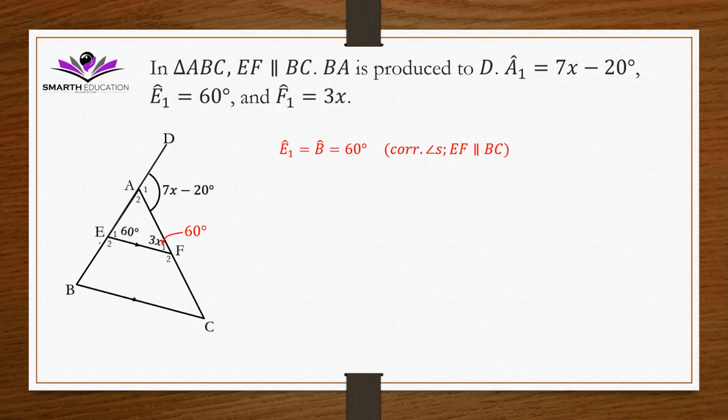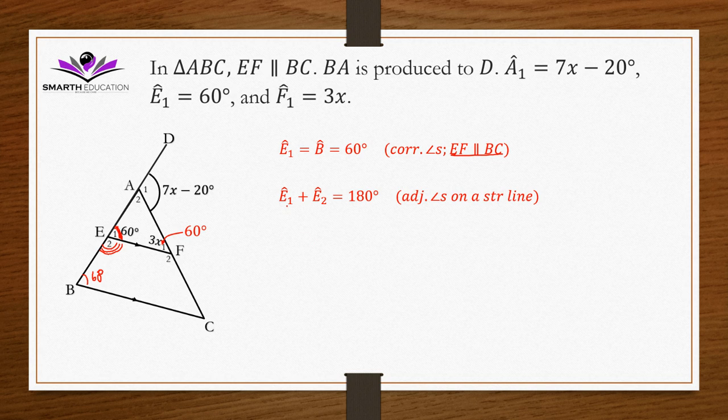So angle B is equal to 60 degrees because they are corresponding angles, EF is parallel to BC. Angle E1 plus angle E2 must give us what? These two, E1 and B, are equal, so I can use one symbol here.